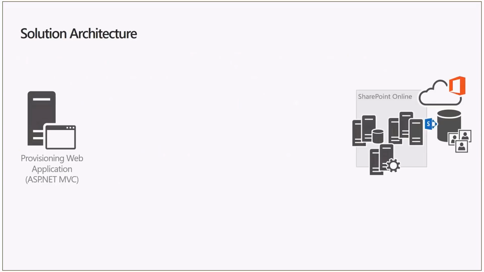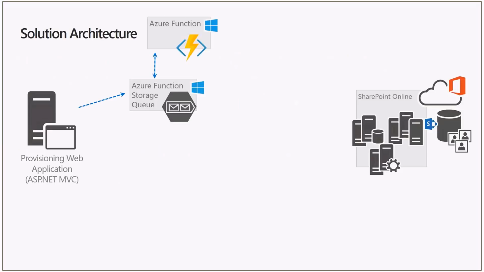On the other side, we have SharePoint Online and the full Office 365 offering. In SharePoint Online, we will create the modern sites. But in order to do that, we have two different approaches that we will see. The first one is based on an Azure function. Whenever the end user wants to create a new modern site, there will be a message stored in an asynchronous queue based on the Azure Blob Storage Queue engine.